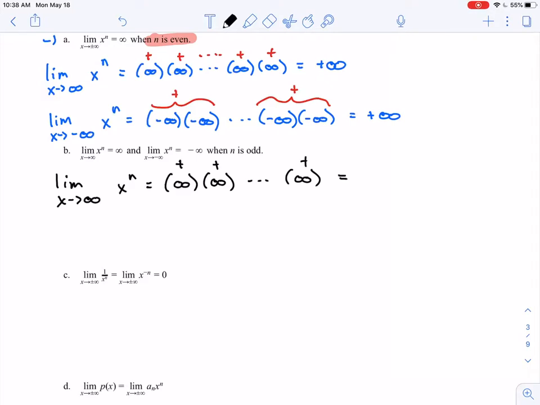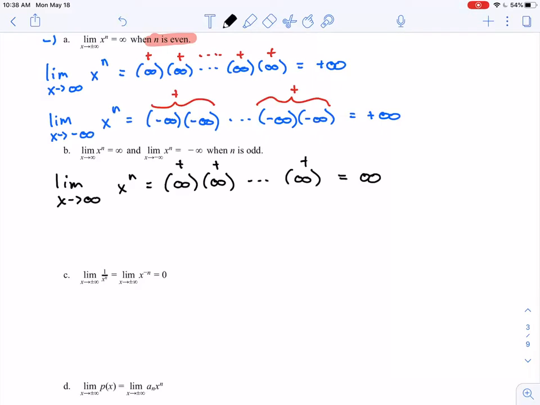It's going to look exactly like the argument that we made in part A. We've got a bunch of positive numbers together, so we're going to end up with another positive number. They're all infinity, so infinity times infinity times infinity, however many times, is still going to be infinity.